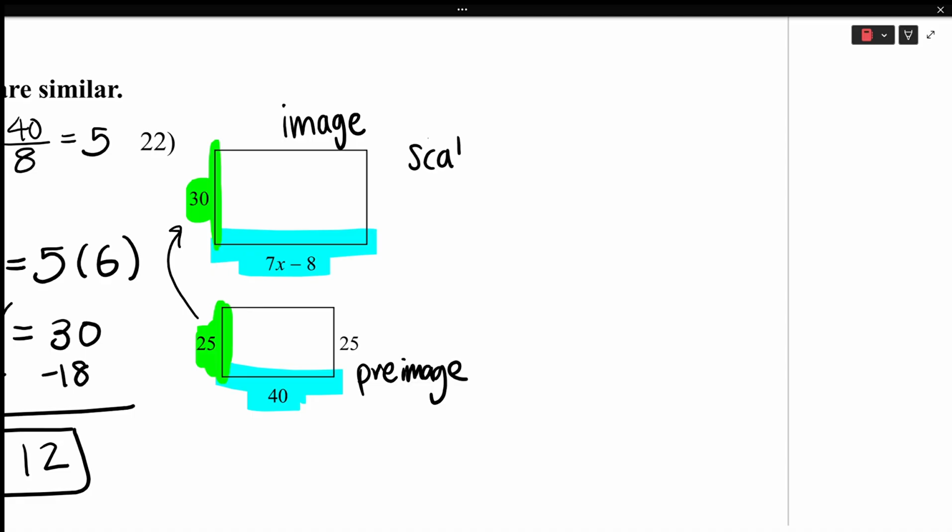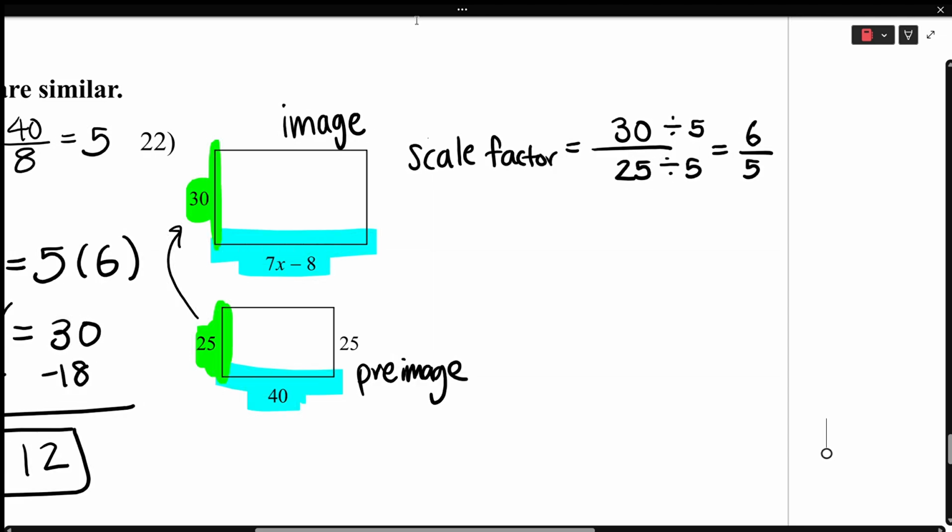So scale factor is equal to image over pre-image, so 30 over 25. I can simplify this. They're both divisible by 5, so that's 6 over 5. Scale factor is 6 over 5.